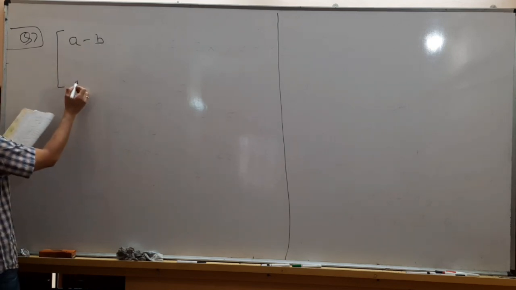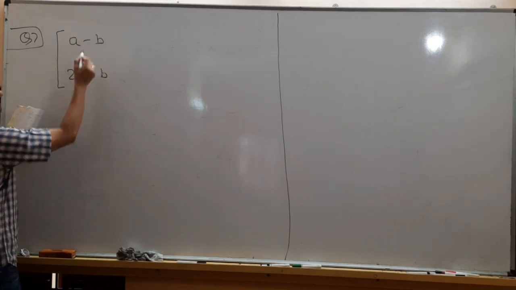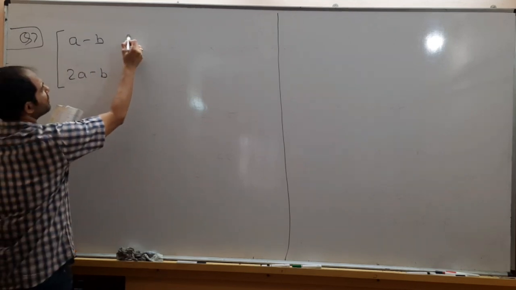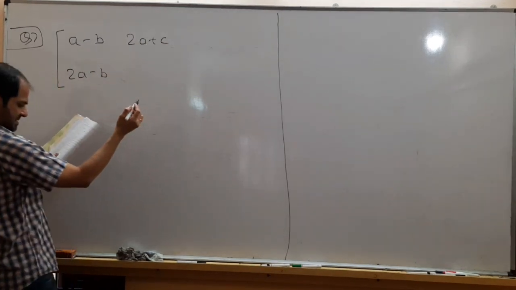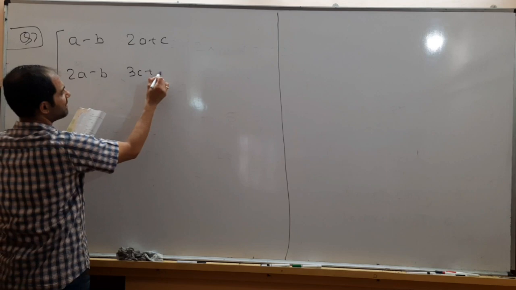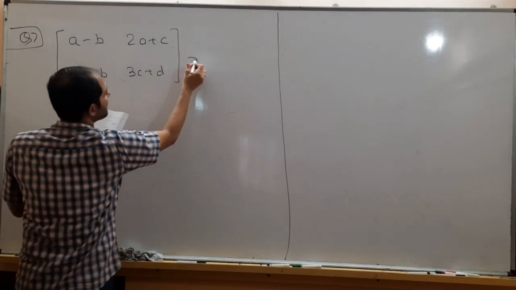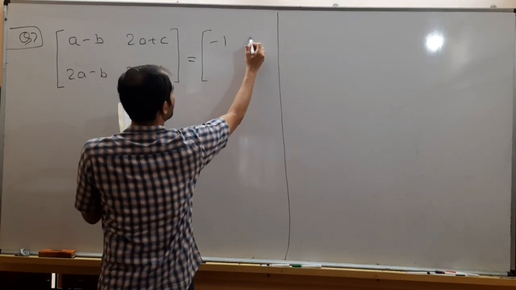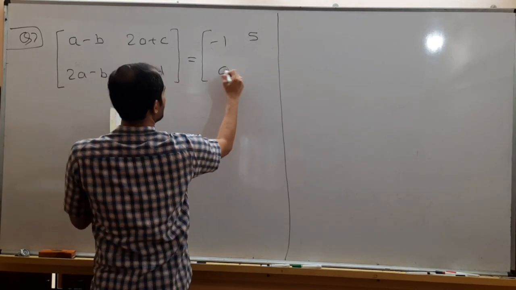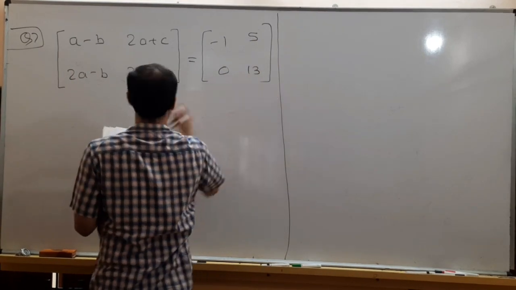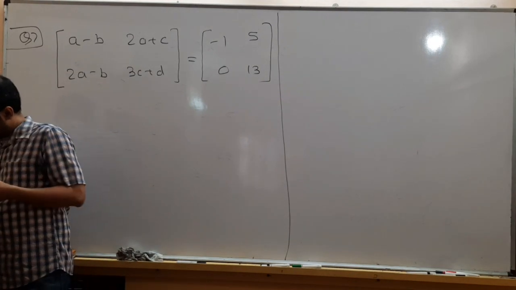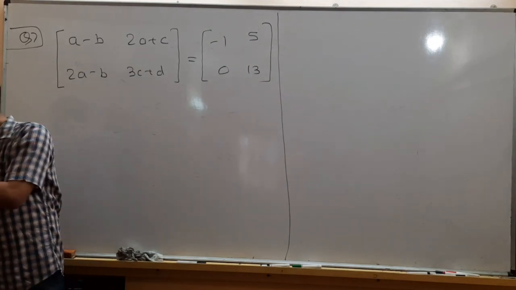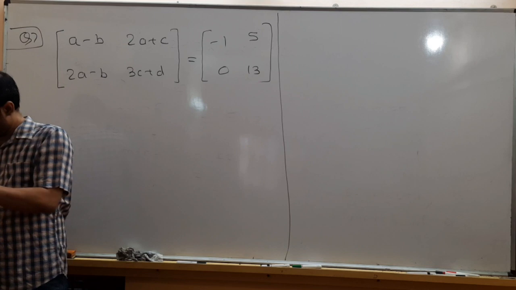The matrix with entries A minus B, 2A plus C, 2A minus B, 3C plus D is equal to the matrix with entries minus 1, 5, 0, 13. This is given. And we have to find the values of A, B, C and D.